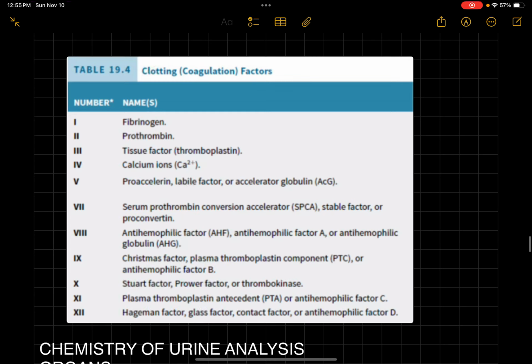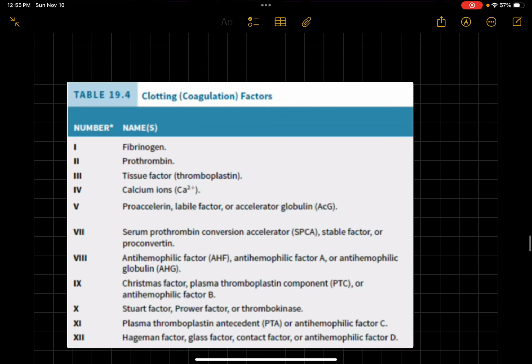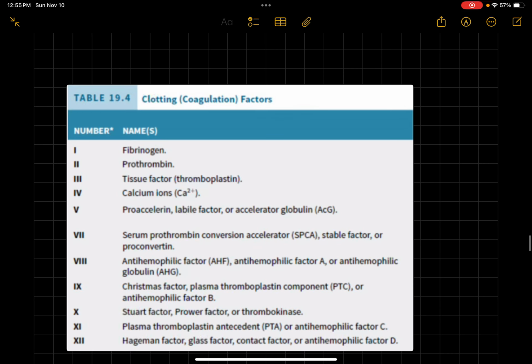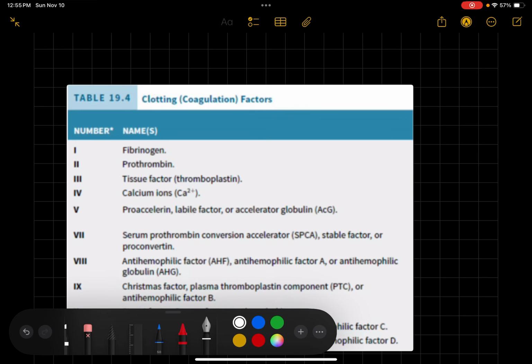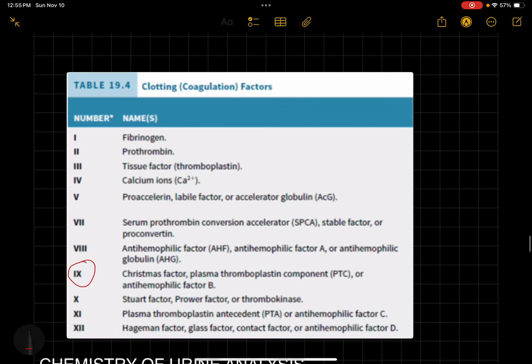We have different kinds of clotting factors. Pero ang ginahamba lang sa amon nga dapat tandaan is this one. So, this fibrinogen, no, number 1, fibrinogen, ang clotting factor. Number 2, prothrombin. Number 3, tissue factor.